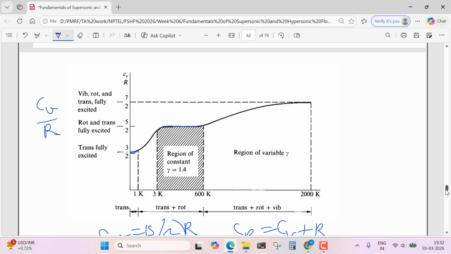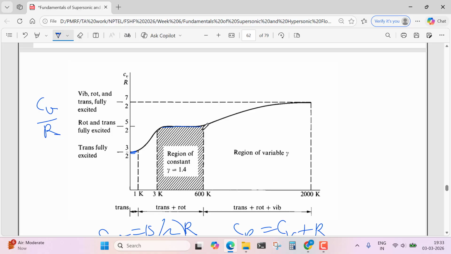If you see this figure, first the translational energy mode is excited, initially, at only 1 Kelvin. Then between 1 and 3 Kelvin the rotational energy also starts getting excited, and at 3 Kelvin it is fully excited.